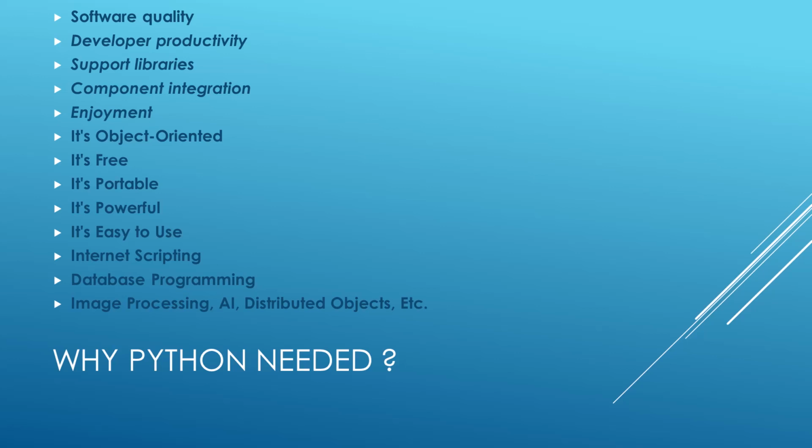Support libraries. Python comes with a large collection of pre-built and portable functionality, known as the standard library. This library supports an array of application-level programming tasks, from text pattern matching to network scripting.